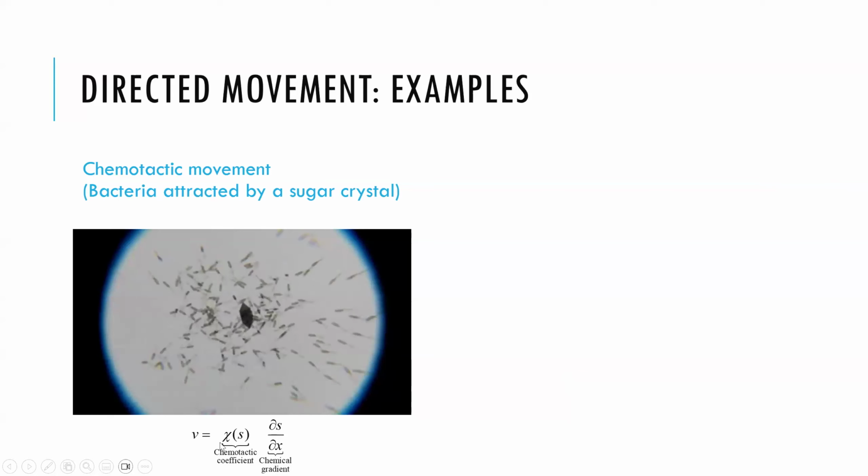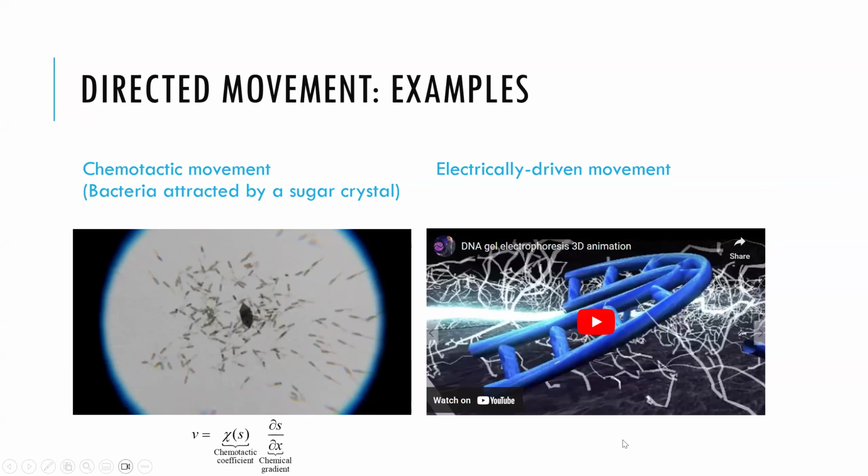We can think of this kind of directed motion as something that can be described quantitatively. For example, the velocity is proportional to the chemical gradient, meaning where it's trying to go, where the chemical concentrations are higher.